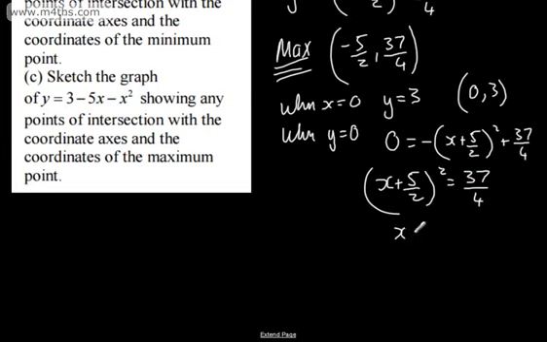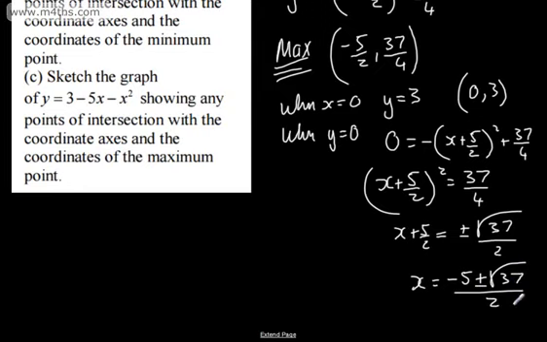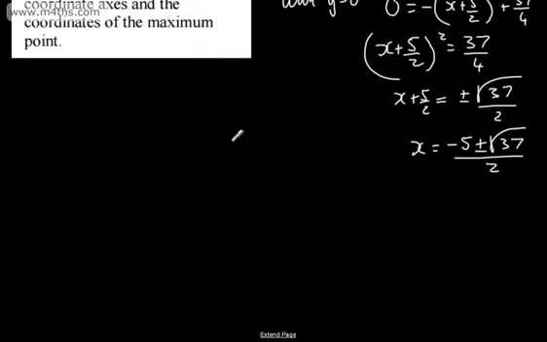Taking the square root of both sides, x plus 5 over 2 is equal to plus or minus the root of 37 over 2, since 37 is a prime number. So x is equal to negative 5 plus or minus root 37 over 2. So that's now given us our x coordinates.